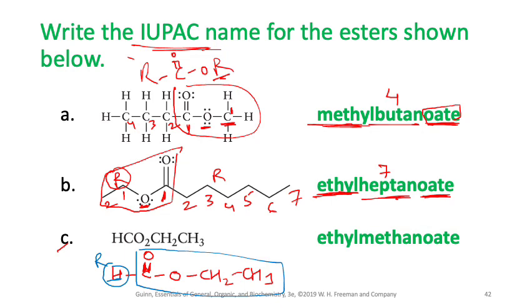This oxygen is attached to this carbon, the single oxygen, so this is the substituent, 1, 2. How many carbons? 2, ethyl. And how many carbons in the parent chain with the carbonyl group? Only 1. 1 is methane, so methanoate: ethyl methanoate. This is how you normally name any ester compound.